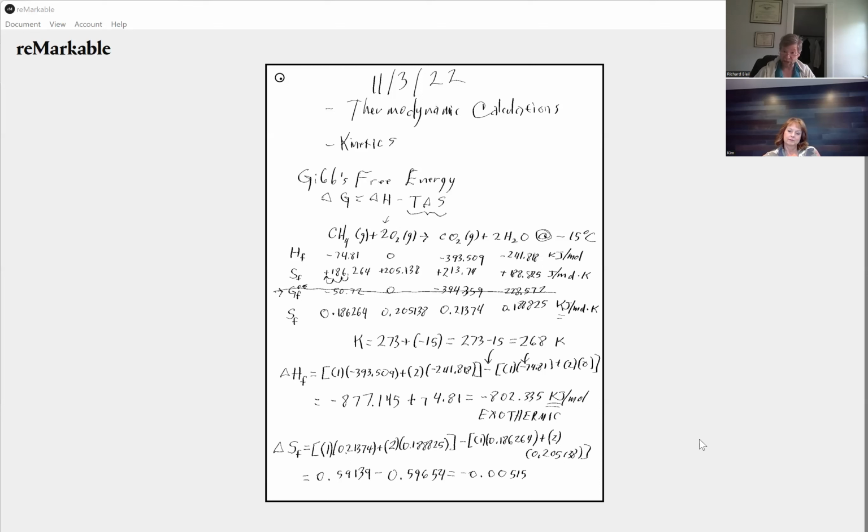The entropy actually goes down. Entropy does not favor this reaction. It is almost zero. It doesn't go down much, but it does go down.